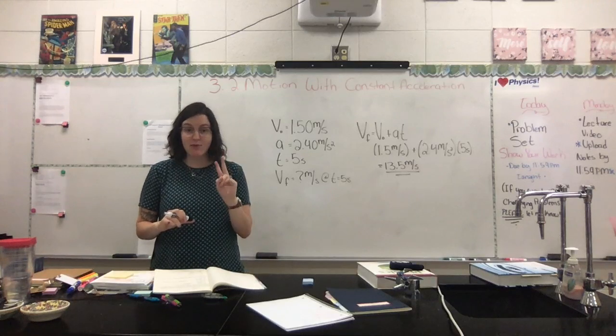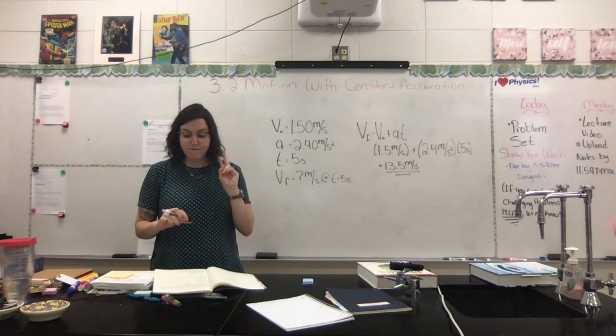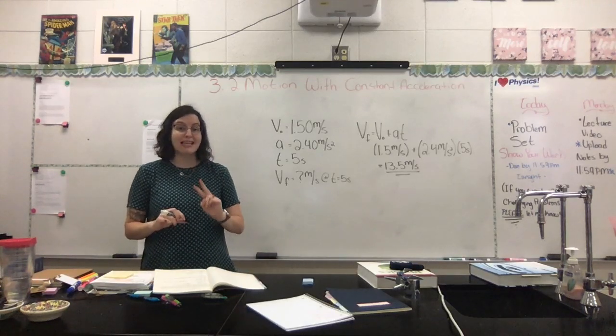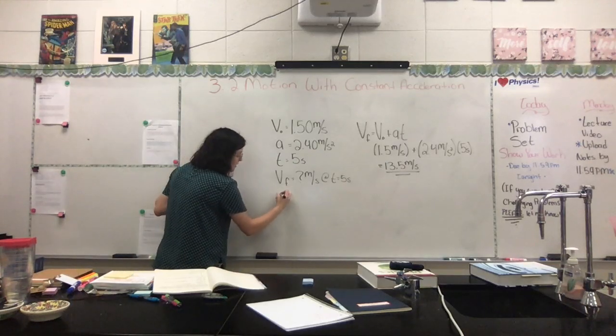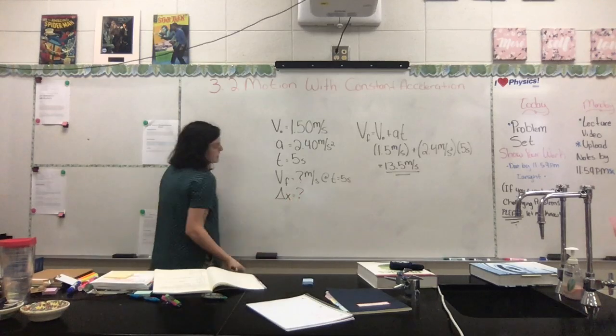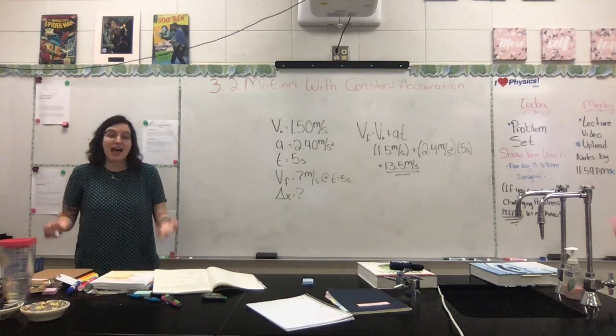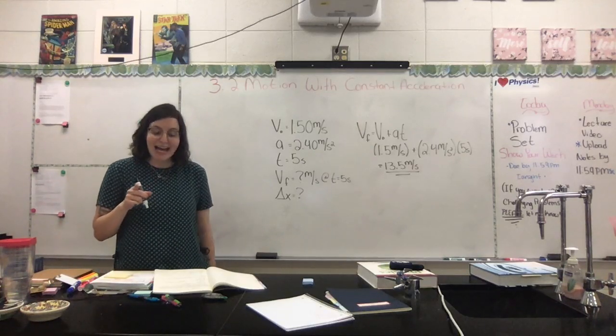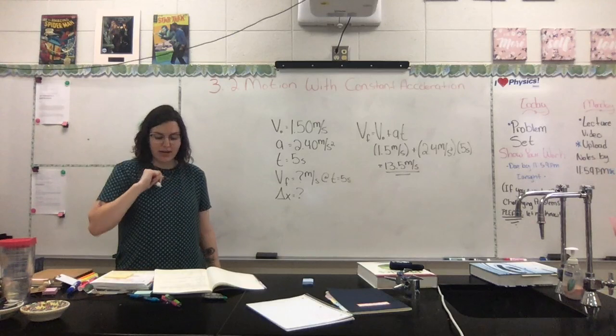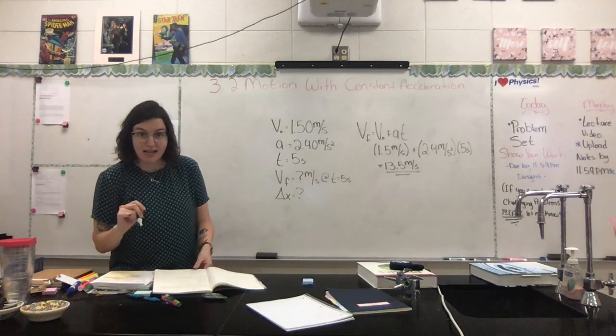The second thing we want to find is how far the boat travels in this time. So now we want to know what our displacement is. We want to know delta x, okay? How we're going to find that is using another equation that we just discovered.